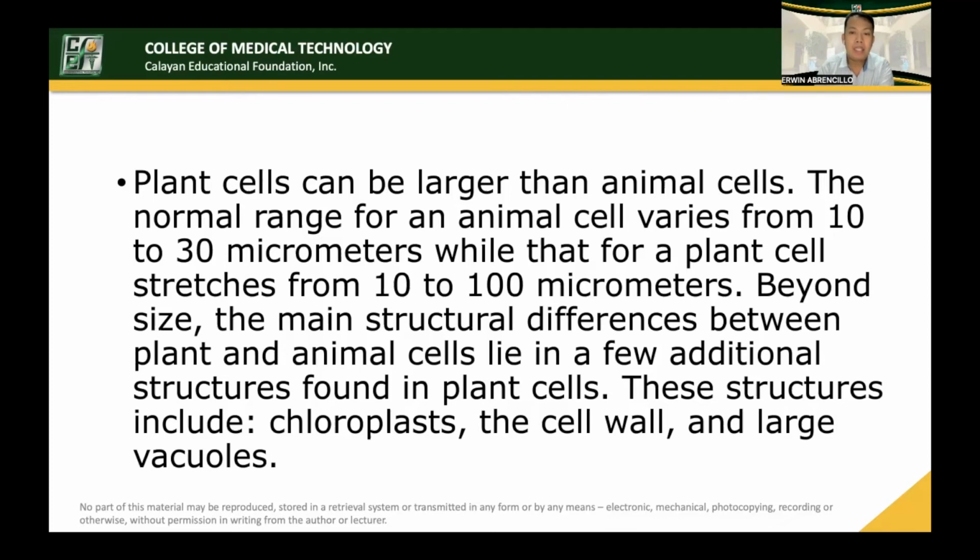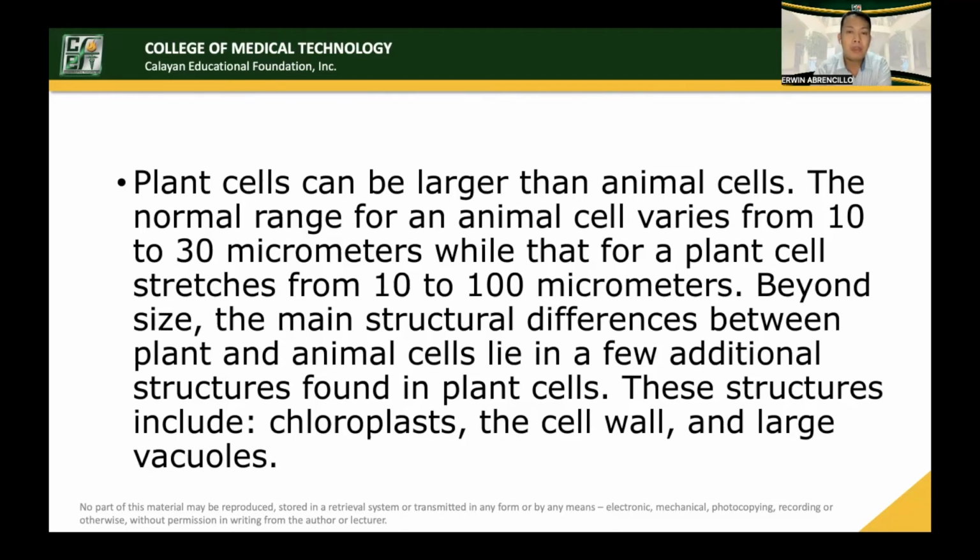Beyond size, the main structural differences between plant and animal cells lie in a few additional structures found in plant cells. These are the chloroplast, the cell wall, and the large vacuoles. They are associated with the kind of functions that the plant cells have. For example, plant cells are autotrophic. They perform photosynthesis. They manufacture their own food.